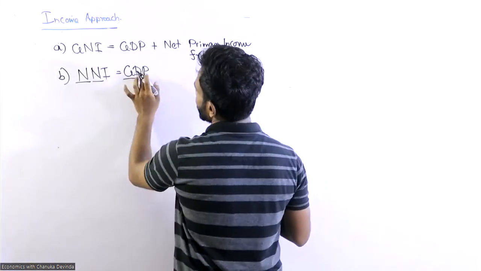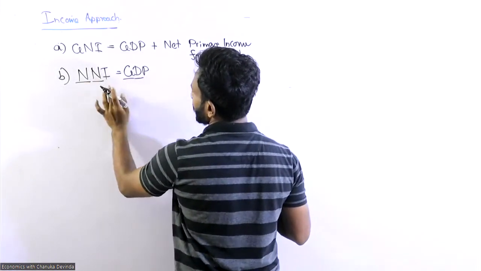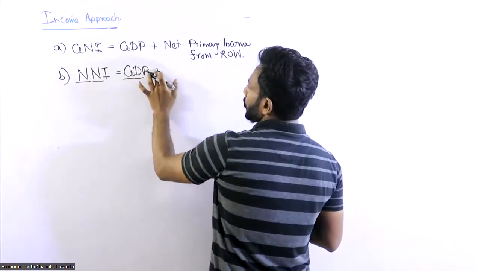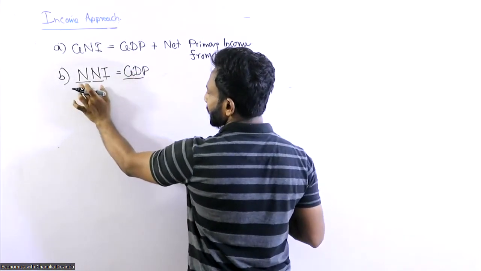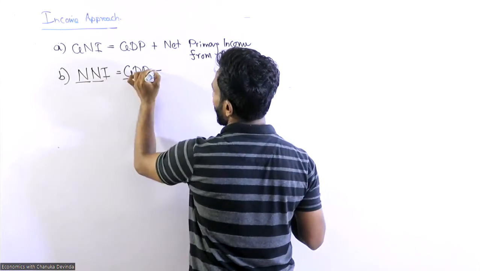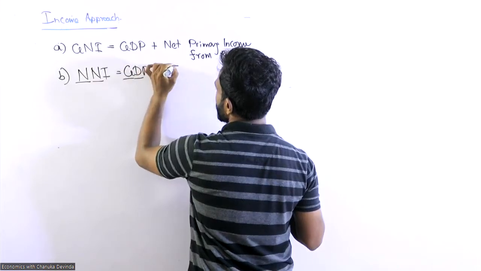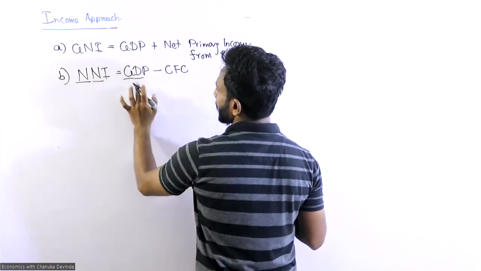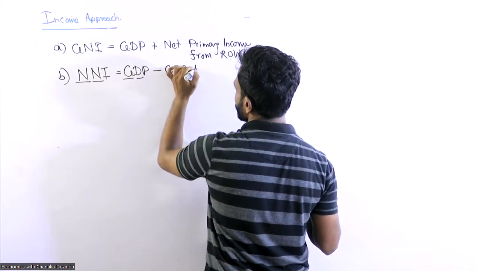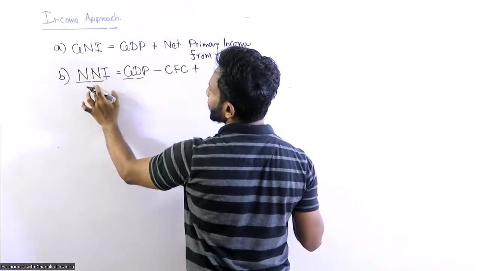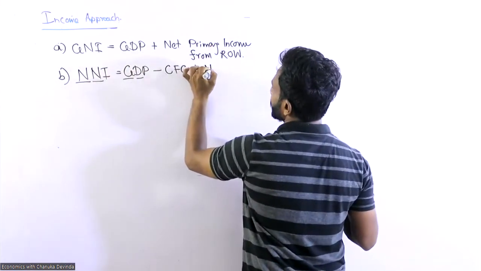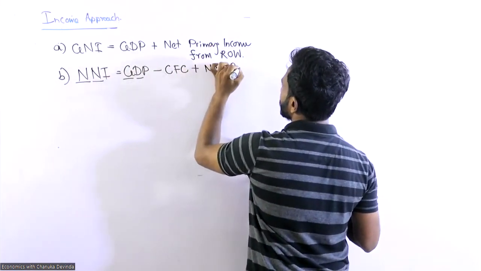So there are two things that differ, that means need to be adjusted. Let's adjust the first one. Gross needs to be transferred to net, that means minus consumption of fixed capital. Then the first adjustment is done, and domestic should be transferred to national, the above adjustment, net primary income from rest of world.